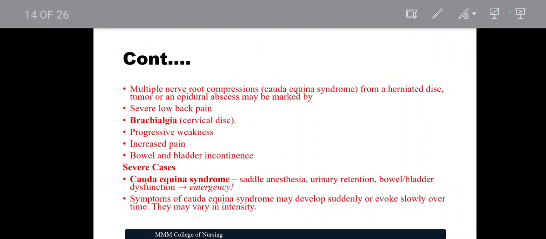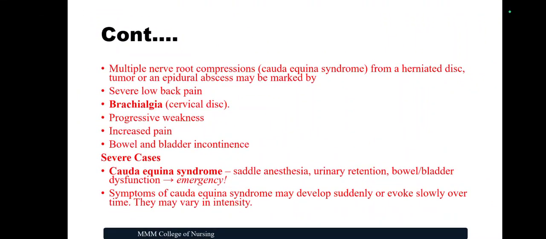Multiple nerve root compression, which is called cauda equina syndrome, from a herniated disc, tumor, or an epidural abscess may be marked by severe low back pain, brachialgia in a cervical disc, progressive weakness, increased pain, and bowel and bladder incontinence.